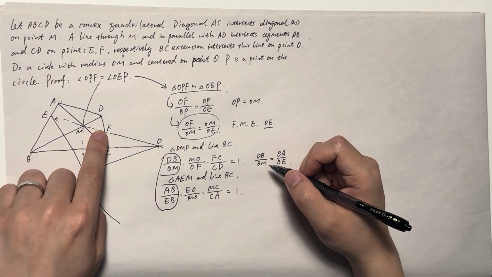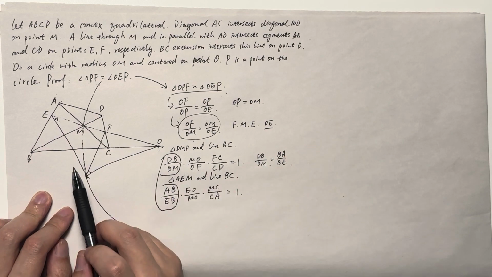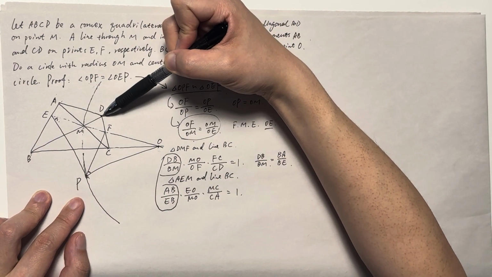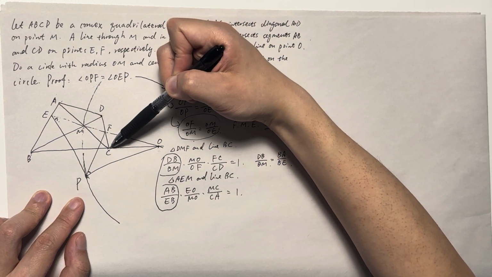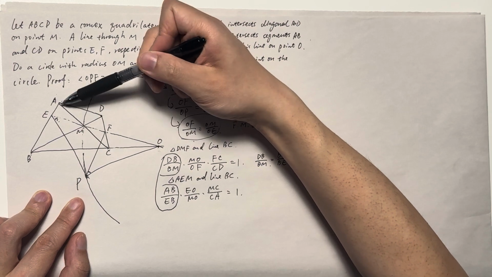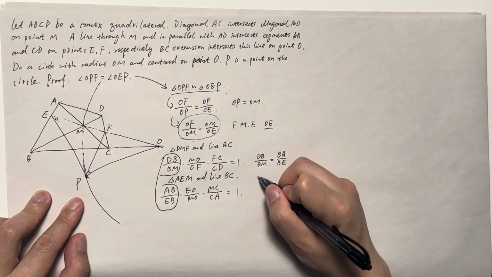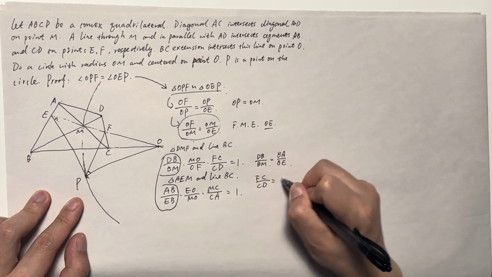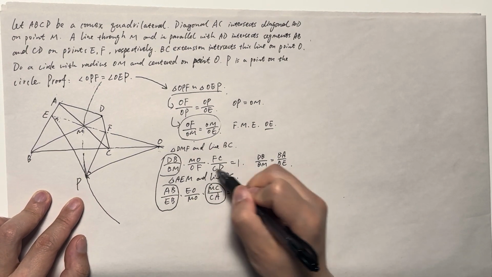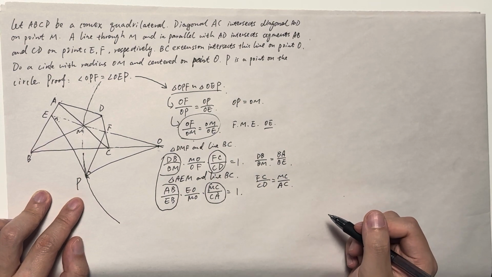And because of the parallel line, in the triangle ACD, FC divided by CD equals MC divided by AC. That means this term equals this term.